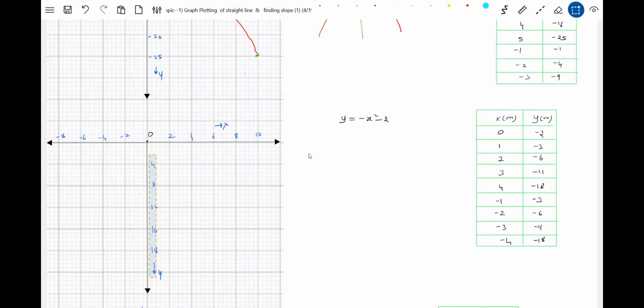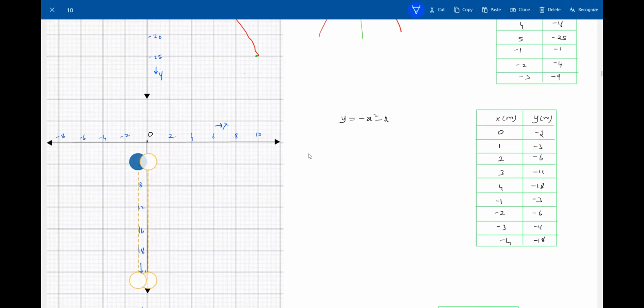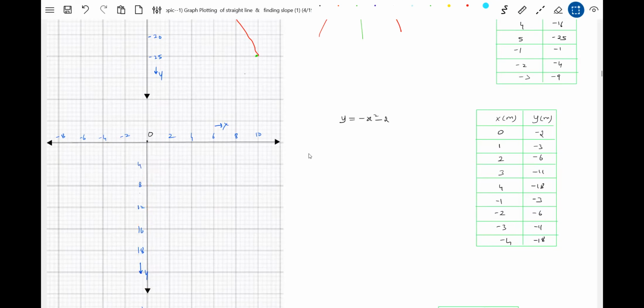I think we will shift it here. 4, 8, 12, 16, 20 it should be. -4, -8, -12, -16, -20. Then the corresponding values: x equal to 0, -2, the midpoint of this.